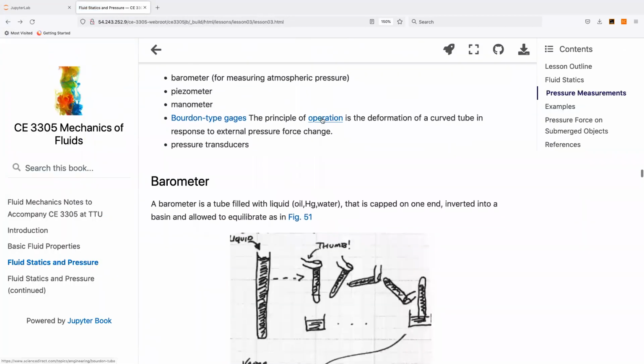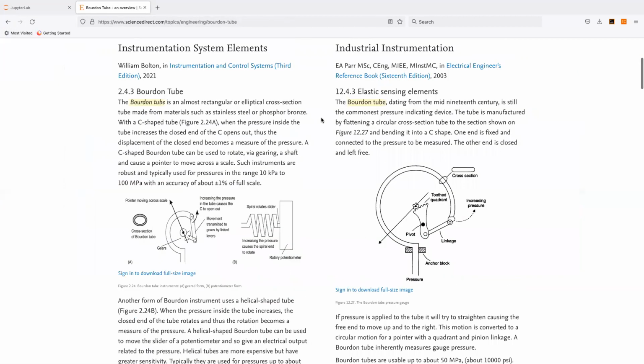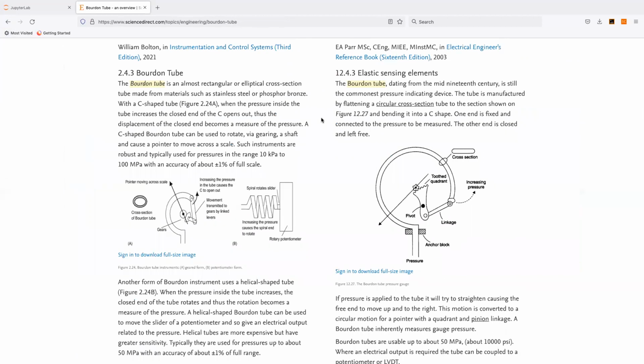The principle of operation, hopefully this has the drawing. So we're not going to read the peer-reviewed journal publication on how it works. This tube is filled with gas and the pressure is allowed to come in, and as the pressure changes, the force on that tube changes. If the force changes, the tube is going to change shape slightly.